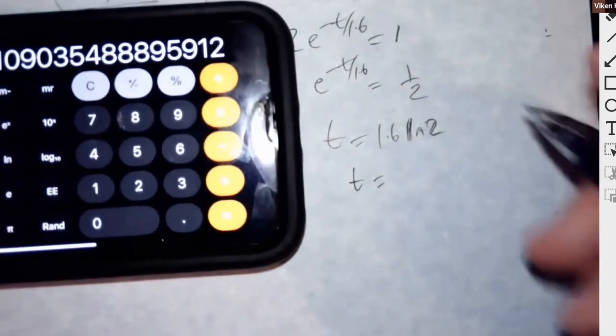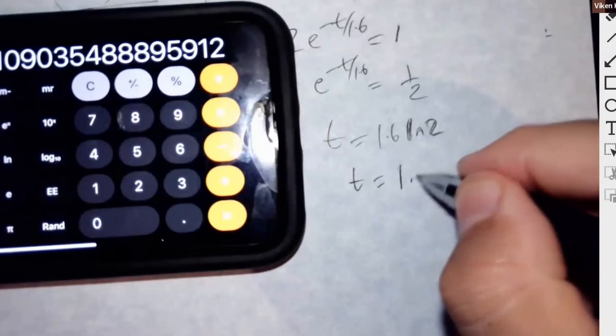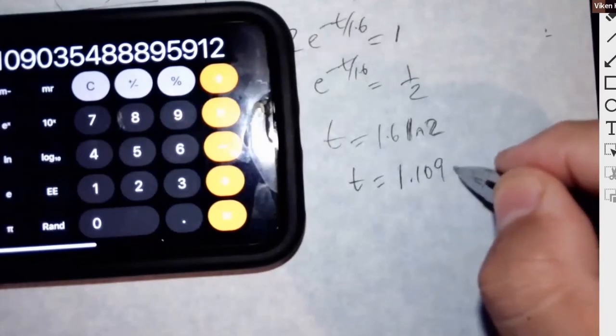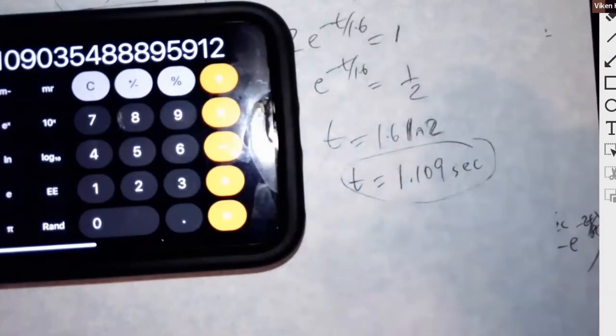You see, 1.109 seconds. So it's a little bit less than the time constant. The time constant is 1.6 seconds. So before reaching the time constant, you've already maximized on the capacitor, and now it's going down. From there, you can answer whatever other questions the problem asks. Okay, good.